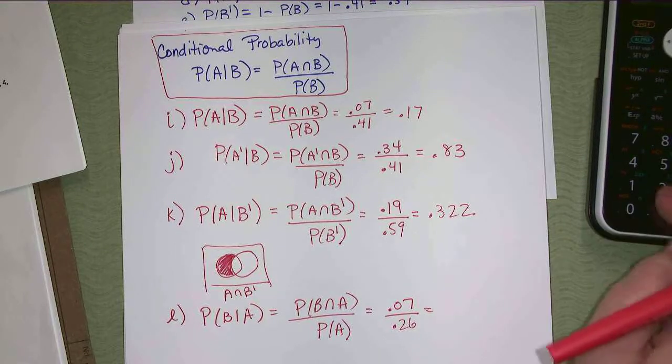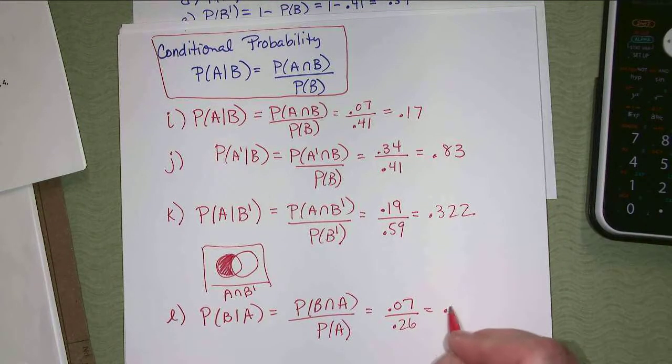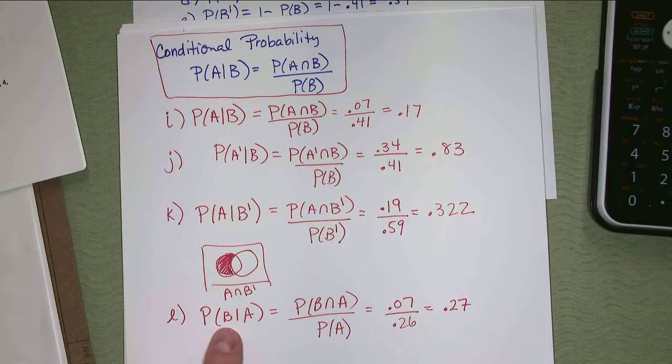When it's written like that, like P of B given A, what is the actual question asking? Well, this is saying if you were given that you're in A, what's the probability you're also in B? So it's really only asking for the center part?